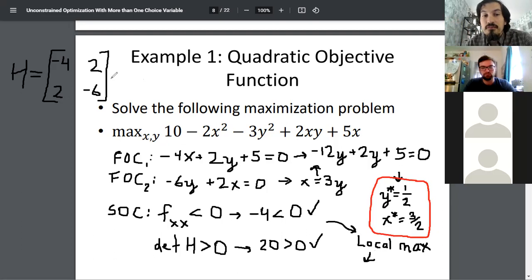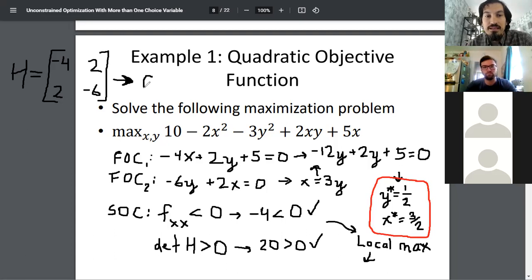And that is, if the Hessian matrix is sufficient to convince you that these conditions here are met not just at x star, y star, but everywhere, that means the function f is concave everywhere.